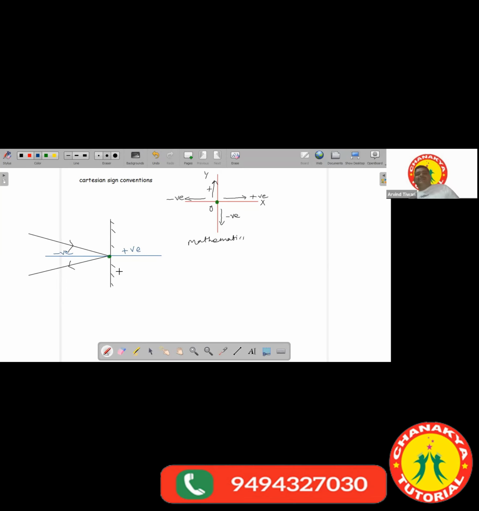Now let us apply the same sign conventions to the concave mirror. First, let us write the conditions. How do we apply sign conventions in the case of a mirror?